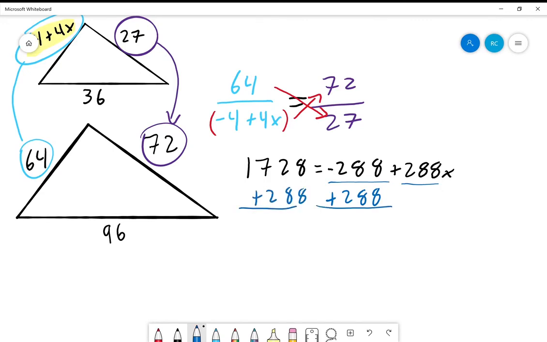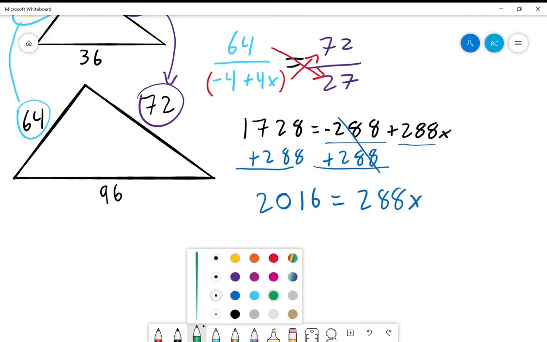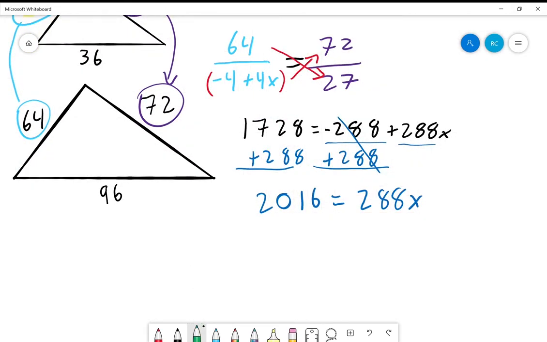Negative 288 plus positive 288 is 0, which is exactly what I wanted. And 1728 plus 288 equals, hey, 2016. I will switch colors again for the last step. Divide by 288. Divide by 288. 288 divided by 288 is 1.